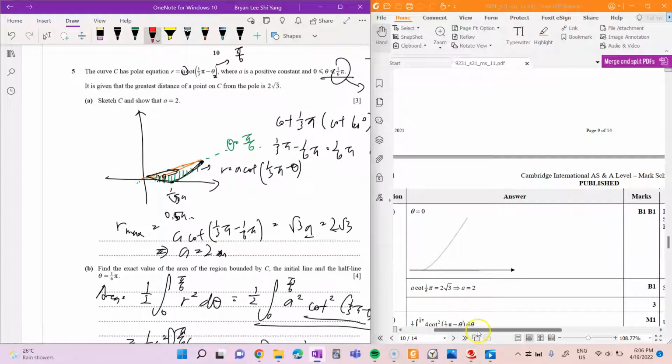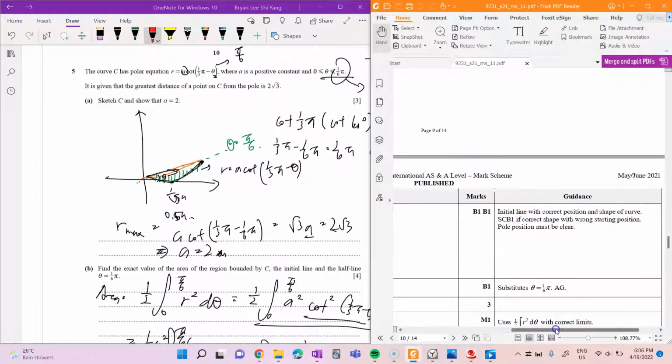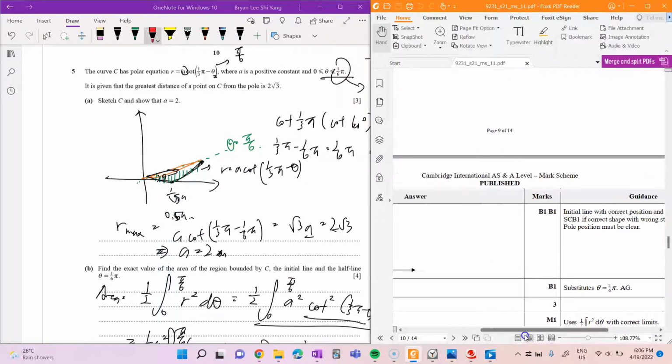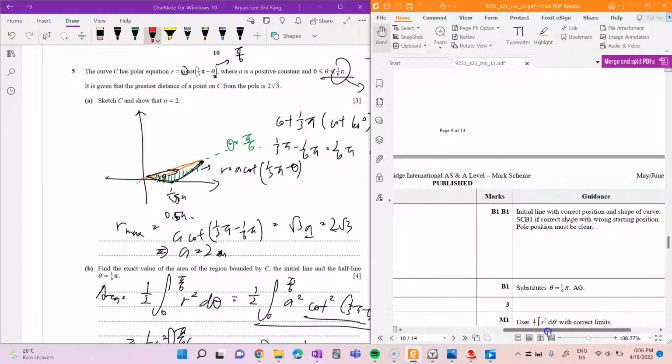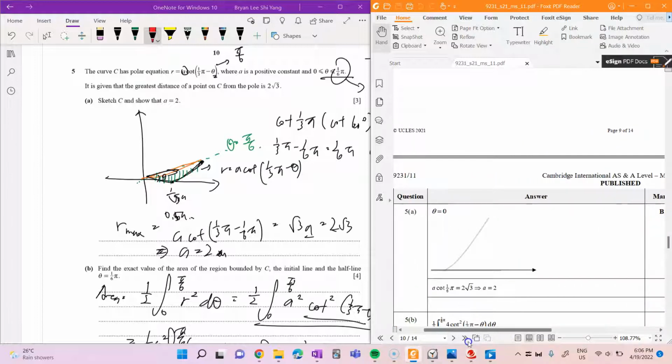So for theta equals to 0, okay, initial line with correct position and shape. Pole position must be clear. Initial line with wrong starting position. Pole position must be clear. So yeah, it would look something like this.